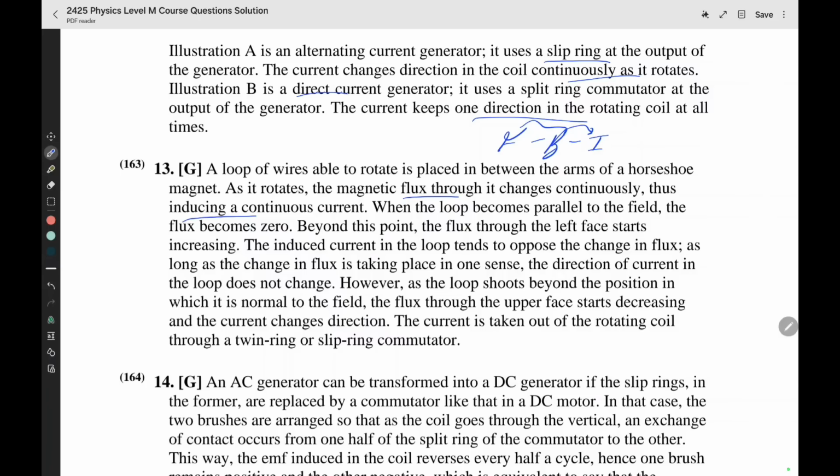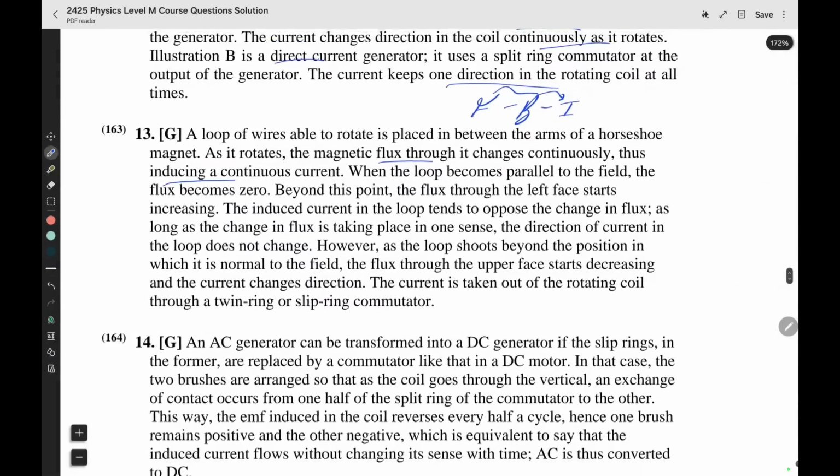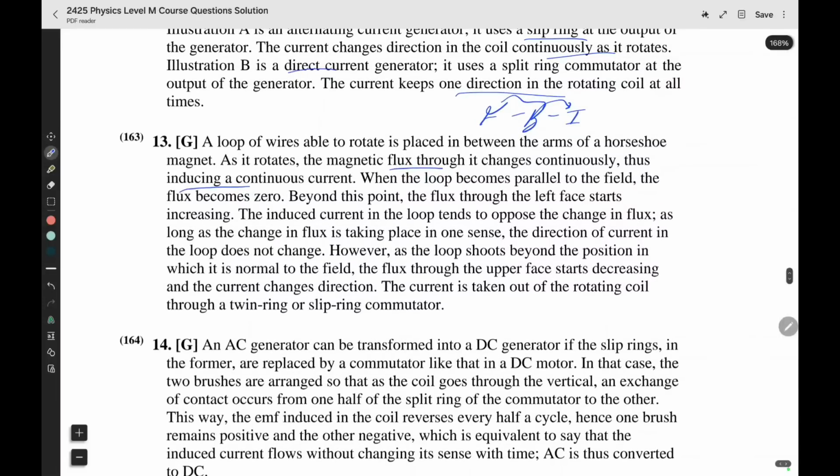When the loop, this is very important, right? This first one we're doing is AC. When the loop becomes parallel to the field, the flux becomes zero.